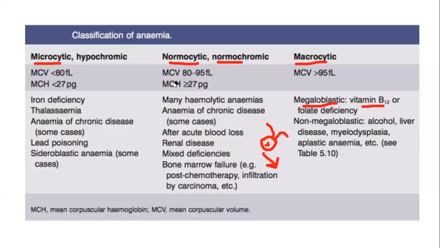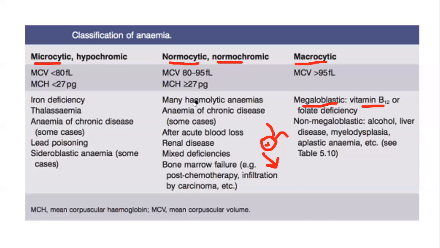So the patient has anemia, but the patient's MCV is within normal and MCH is more than 25%. If it is more than 25%, it means you are okay. But the patient has anemia. So what are the underlying causes?